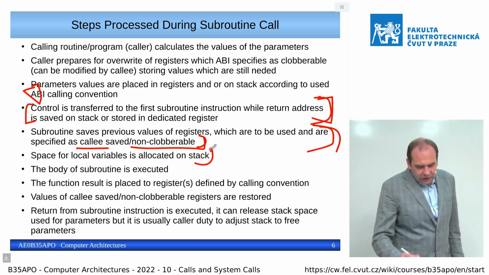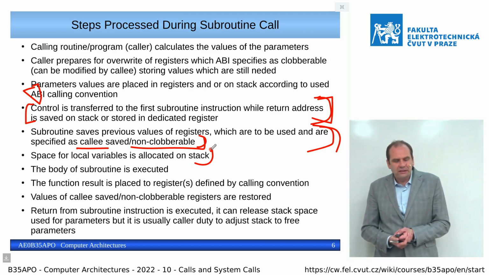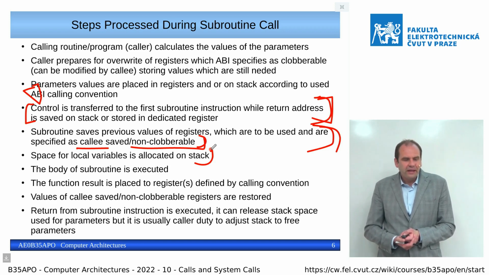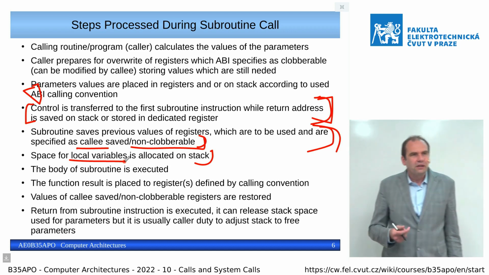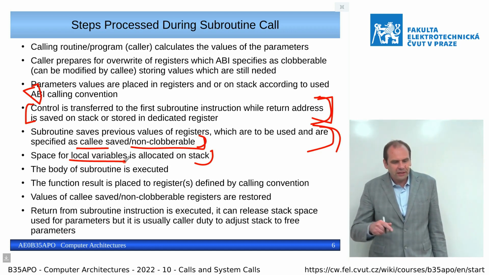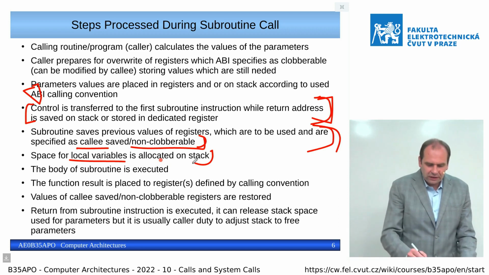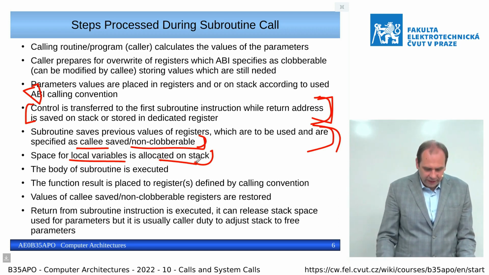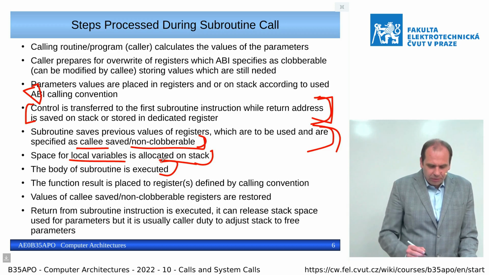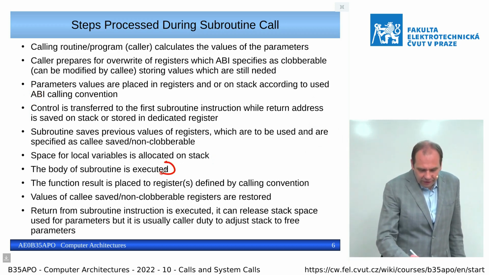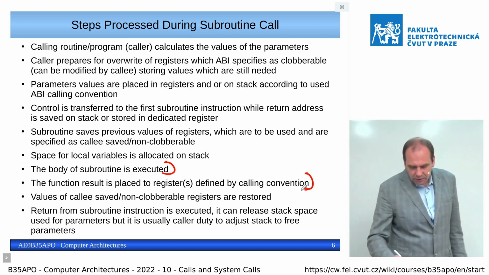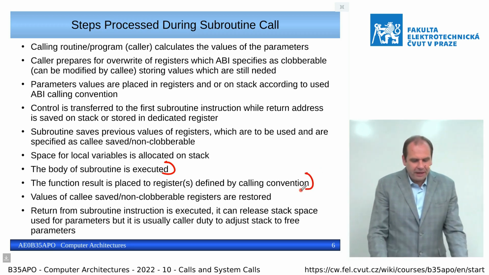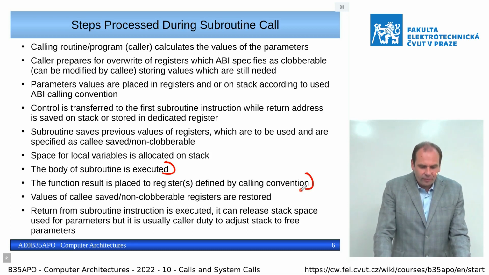It is usually done such a way that it allocates space on the stack to save those values, and this space is also used for the local variables. So if you write a declaration of a variable directly inside a function, then it usually is allocated on the stack. And then the actual body, the actual functionality which is provided by the function, is executed, and the results of the execution are placed in some registers.